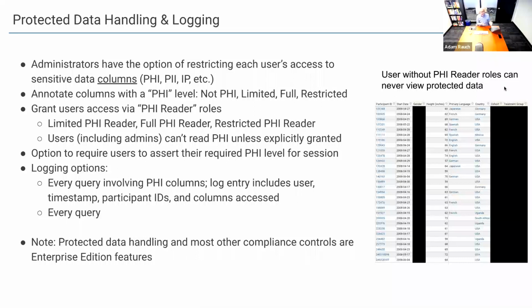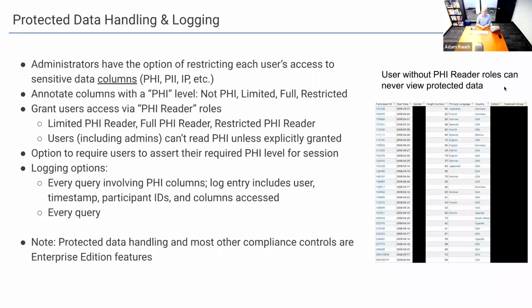There are a number of logging options. You can log nothing if you want, but the interesting options are to log every query involving PHI columns. Those log entries include the user who is taking this action, who's viewing the data, the timestamp, the participant IDs that were viewed, and the columns that were accessed with that view. There's also the more verbose option of simply logging every single query that takes place.